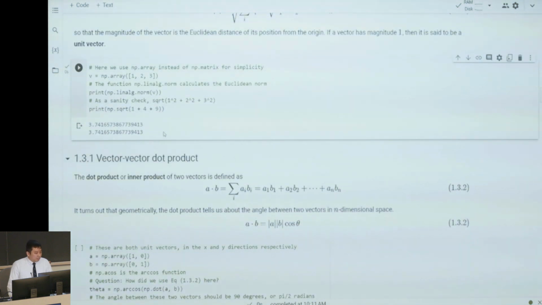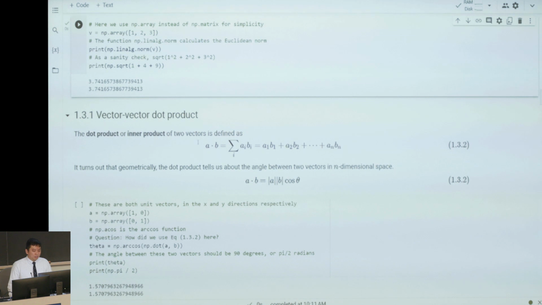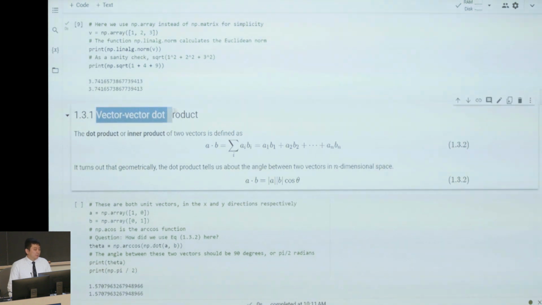And now begins the list of different ways that you can combine vectors and matrices. So the first concept is the vector-vector dot product. So if you have two vectors, you can compute their dot product. And it's the sum of each of the entries multiplied by the other vector.